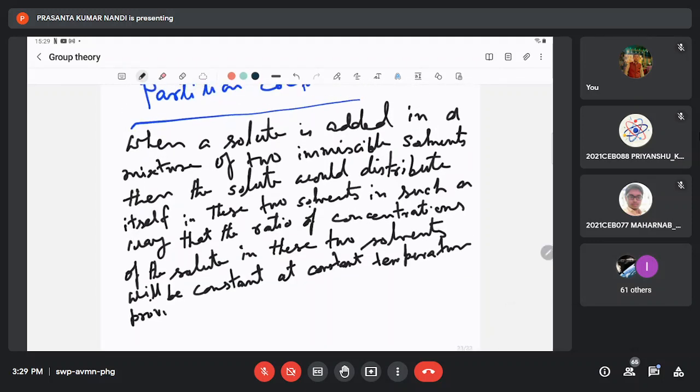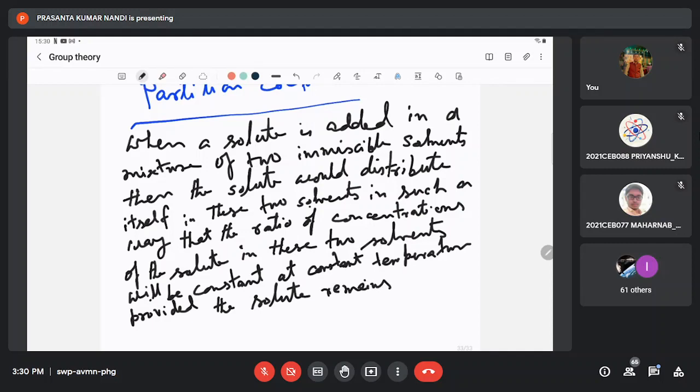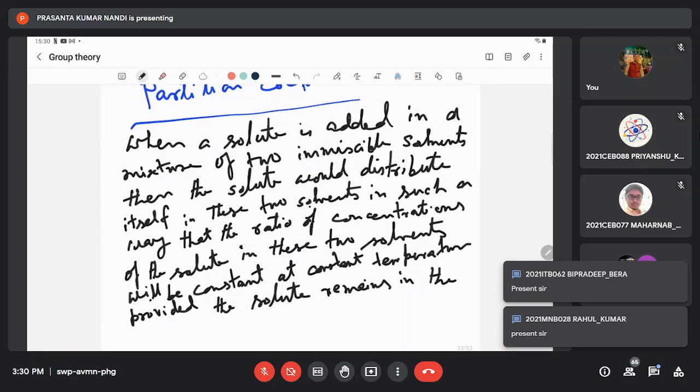provided the solute remains in the same state of aggregation in both the solvents. Is it clear?